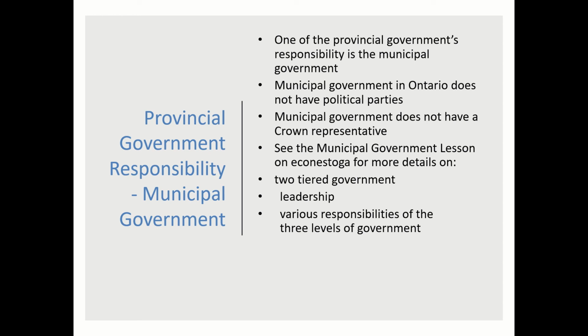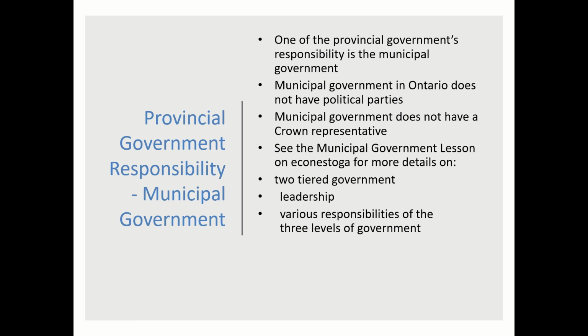With regard to responsibilities at the provincial level, the provincial government's responsibility is the municipal government. So they help organize and make it possible for cities, which are municipal. That's what municipal means, to be able to get things done. They help allocate money.